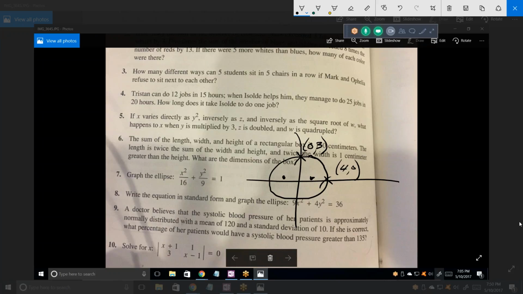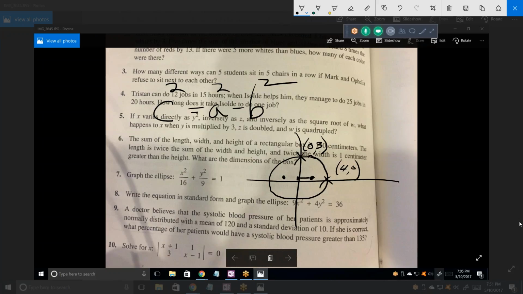They didn't ask for foci, but do you know how to get the foci? No, he hasn't taught us that. Well, I'll just give it to you real quick. C, the foci, is the distance from the center of the ellipse to that focus.